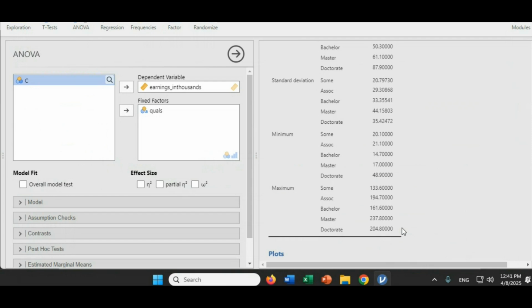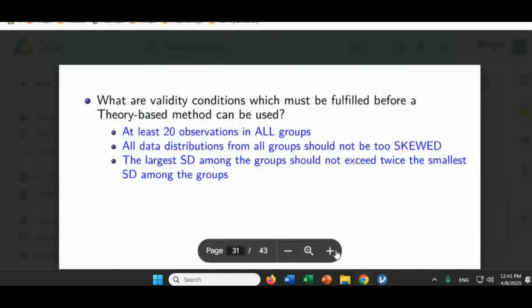No, we don't. 44 is more than twice of 20. Good. So we have broken that VC actually. It's kind of sad. I just introduced the VC and here I am breaking it. Okay. So I am not fulfilling the SD version of the VC. And I also broke the skewness one because one of the groups or two of the groups have quite a skewed distribution. So here's a dirty little secret.